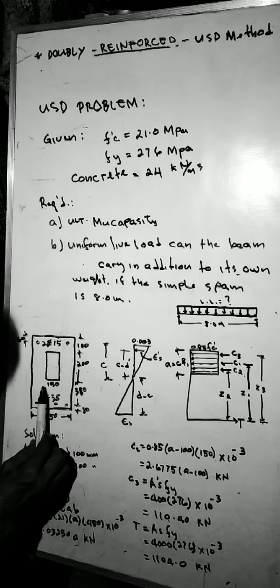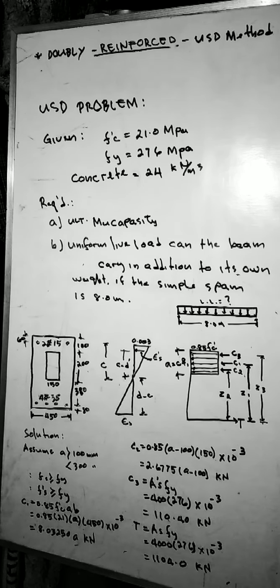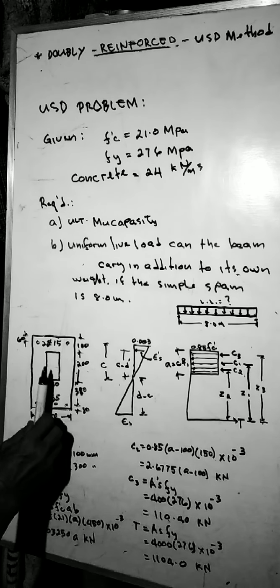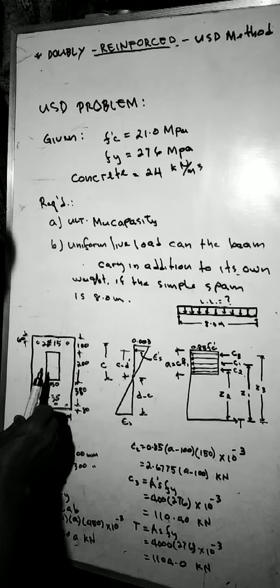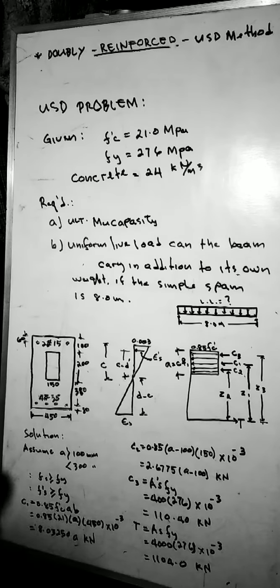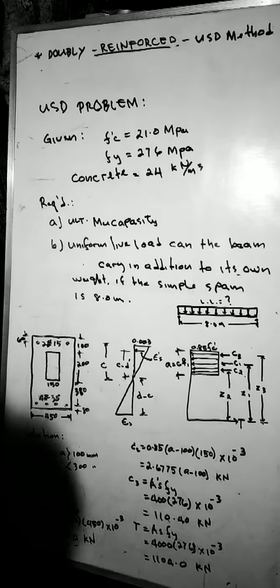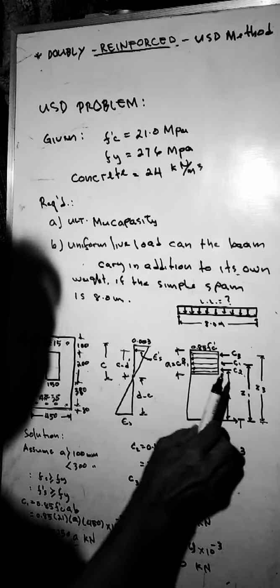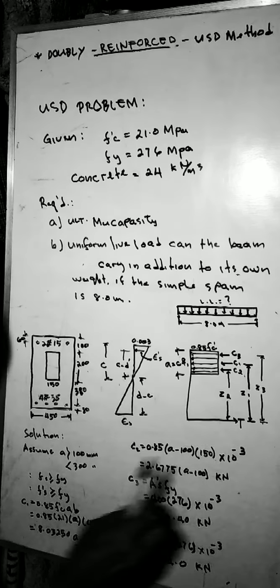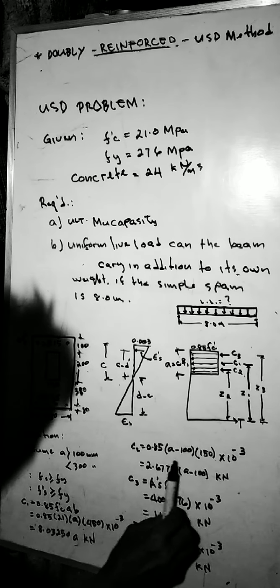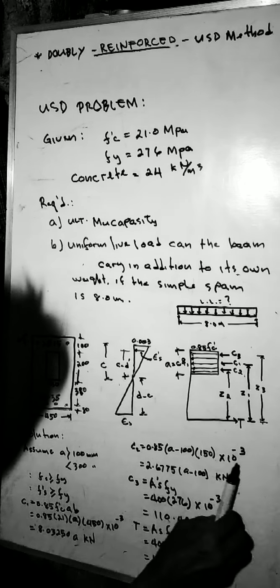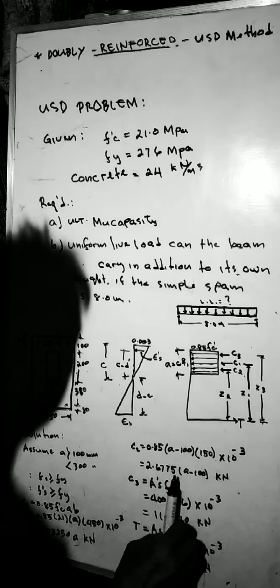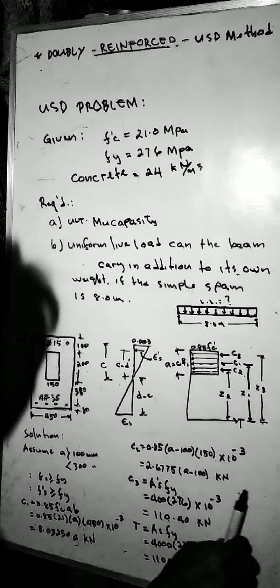C2 is for the compression area of the blank area. Computing this will give us 2.6775 times (a minus 100).